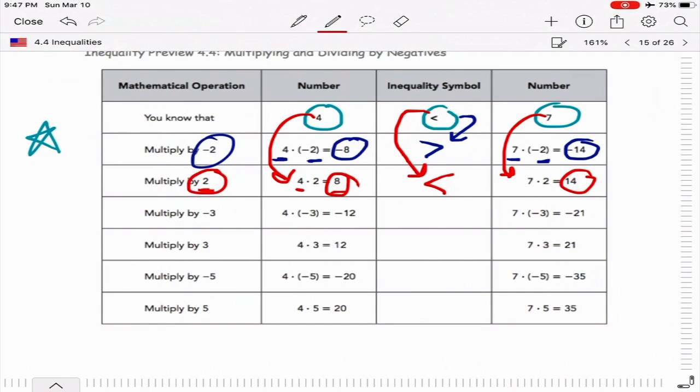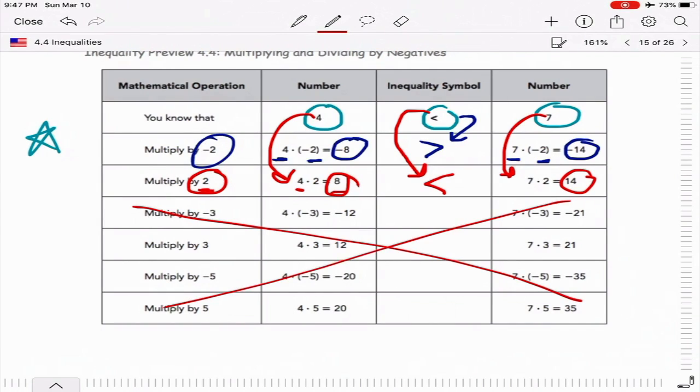So once again, I'm going to spell it out for you. I only did 2 scenarios. In the first scenario, I multiplied the original numbers by -2, and therefore the inequality switched. When I multiply both numbers by +2, though, the inequality remained the same. So something happens, obviously, when you multiply by a negative.